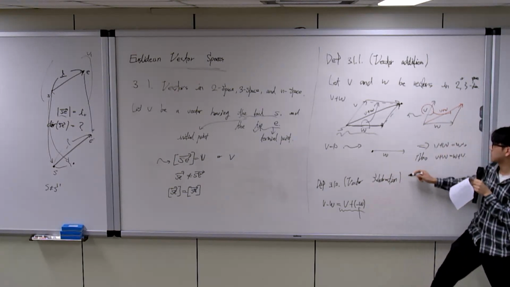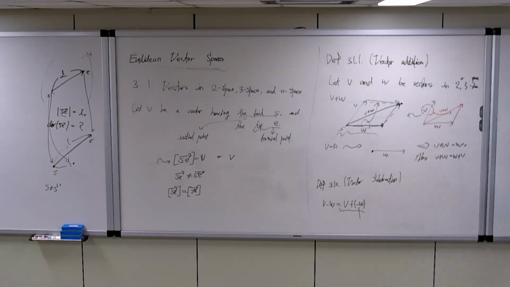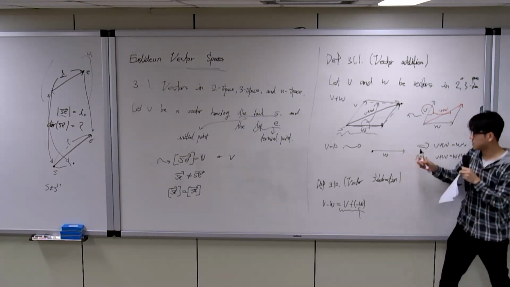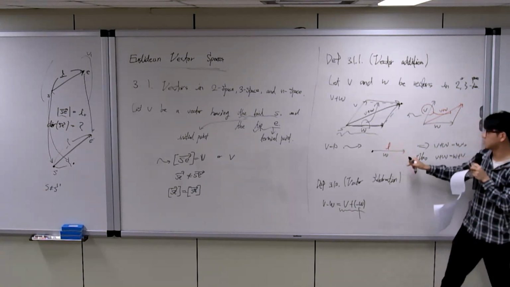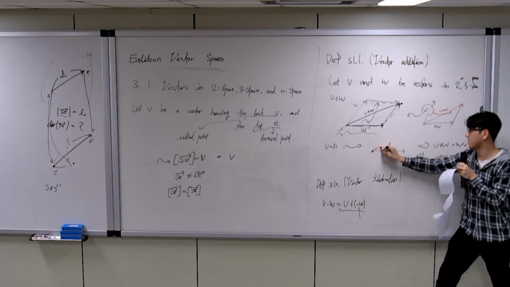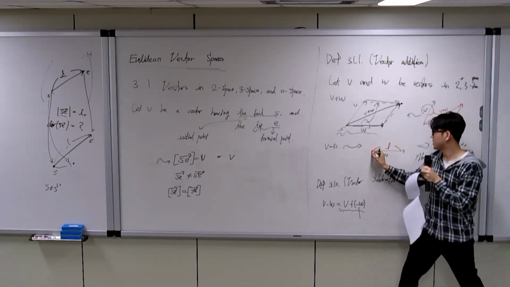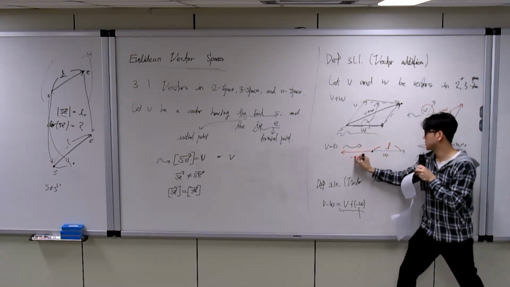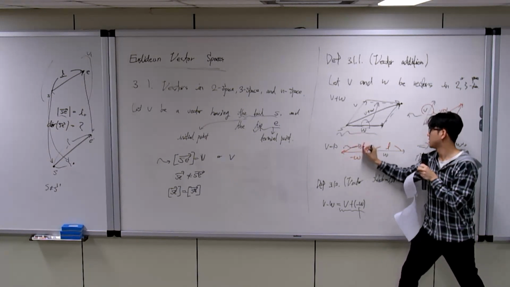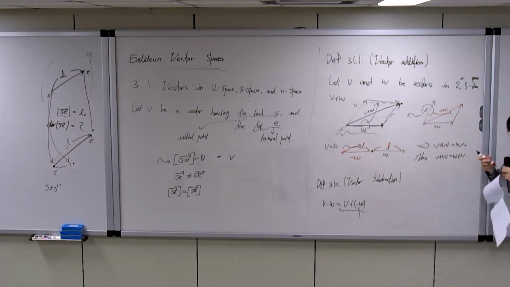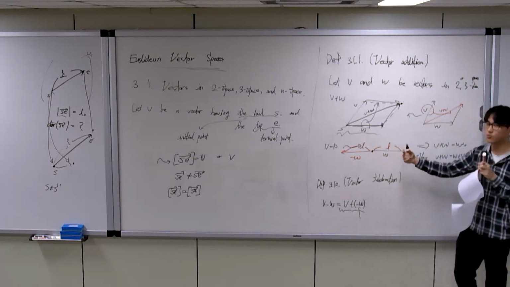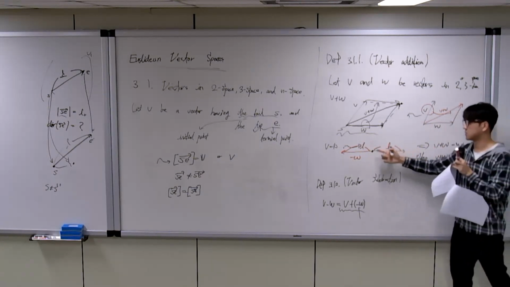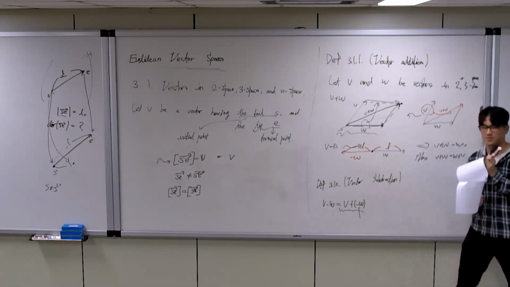That means if we give w like this, and if we set the length as L, then minus w has the same length, and this direction is the converse way.